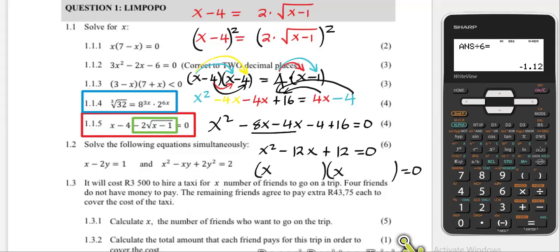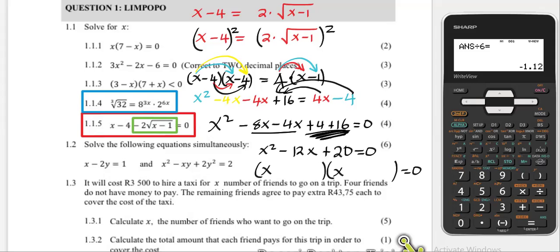Wait a minute, let me double check here. No problem, that is positive 16, that is 4x, that is minus 4, which is right. Bring the minus 4x, so it's minus 12x. It's right, nothing wrong with this. Bring this over to that side, this minus 4 becomes a plus. That's where we made a glitch. So this one is 20.